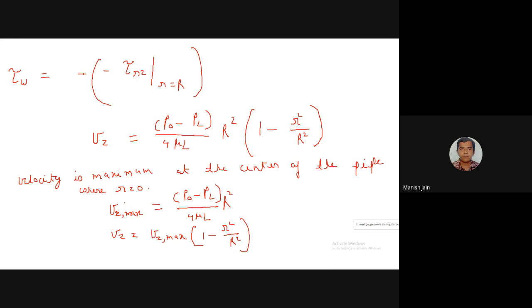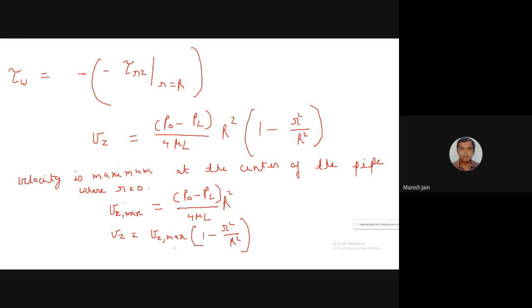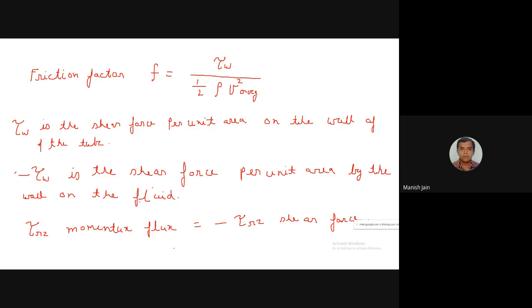Okay? Now you have to calculate the value of dVz by dr. So if Vz equal to this, Vz max is constant. So what is the value of dVz by dr?